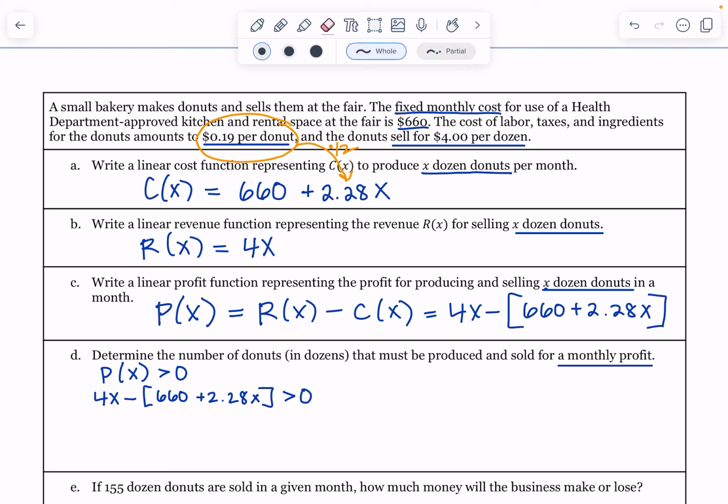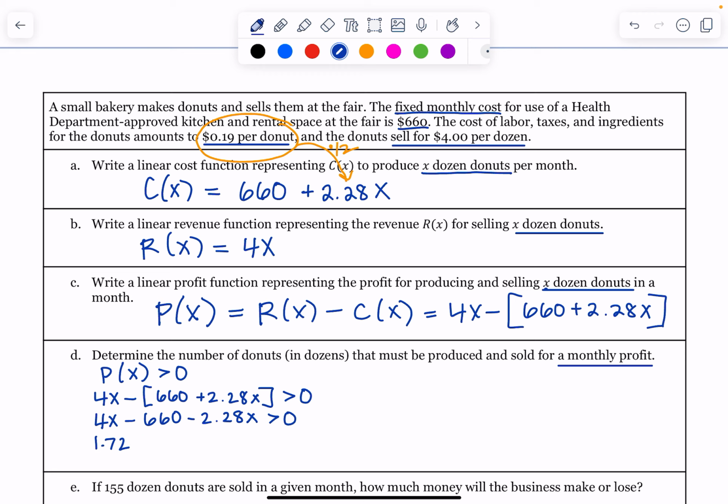If I simplify this side, I'm going to have 4x minus 660 minus 2.28x, greater than 0. If I combine those, I have 4 minus 2.28. That's going to give me 1.72x minus 660 greater than 0.